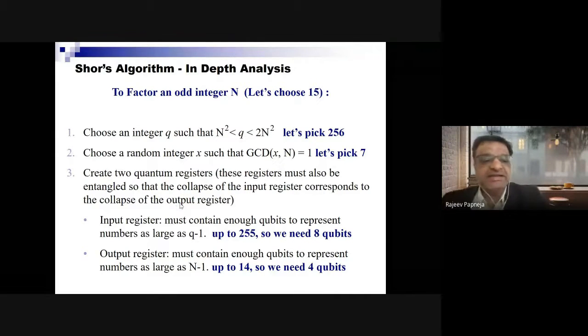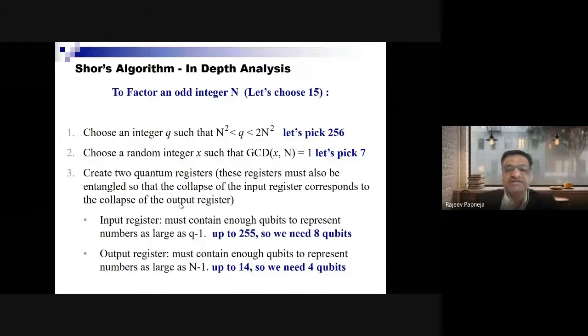Now the condition here is that the input register must contain enough qubits to represent a number as large as q minus 1. Remember, q was 256. So the input register should be able to house 255 as a number, and 8 qubits can house 256 numbers, since we know 2 raised to 8.